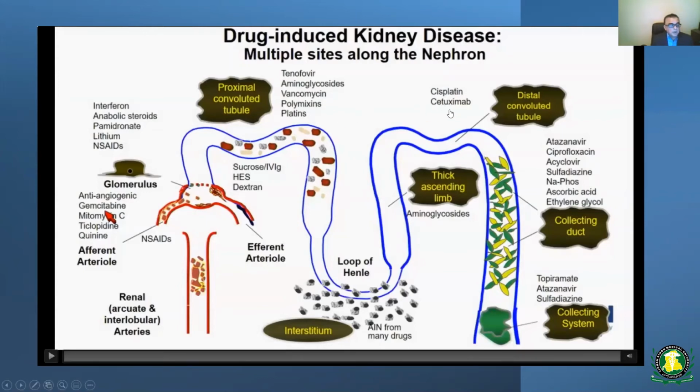Cisplatinum can cause DNA injury and tubular cell death, can cause low magnesium level, also diabetes insipidus in some cases. Acyclovir can cause deposition of crystals and acute kidney injury.